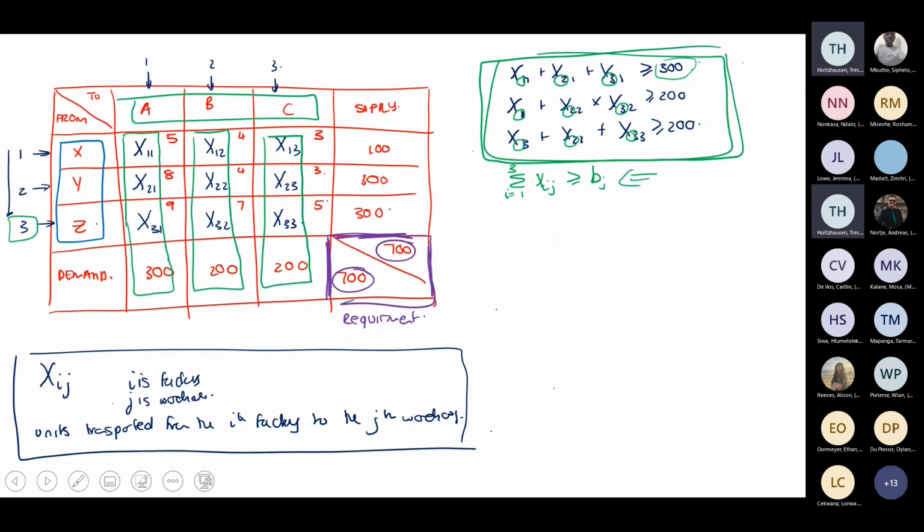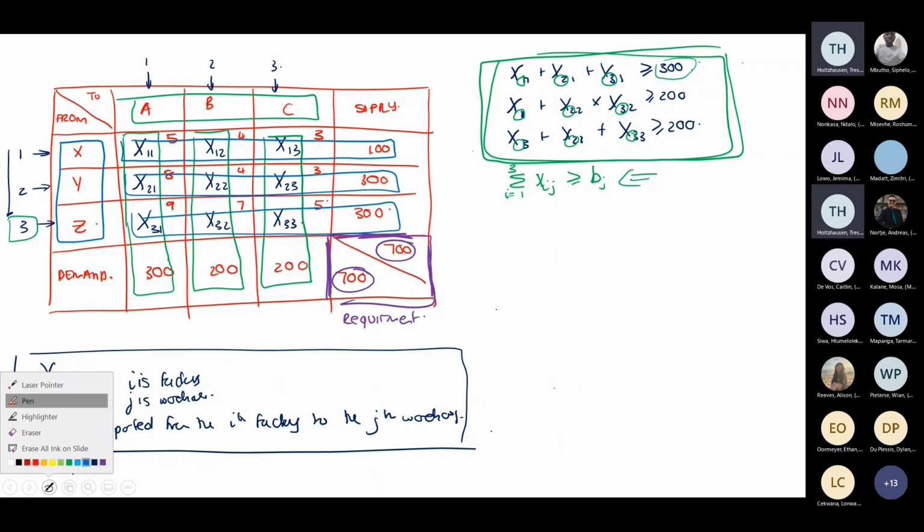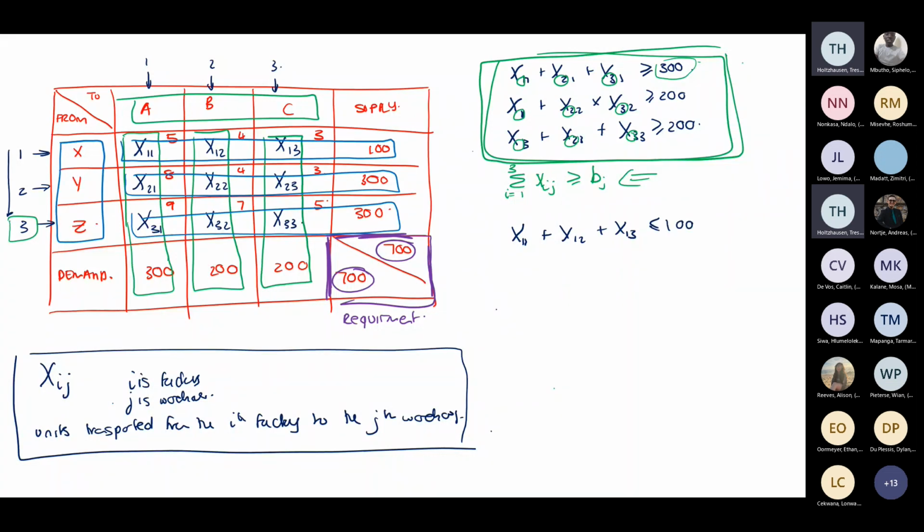But that's not the only constraints we have, because we have the constraints on how much the warehouses can actually produce. So let's write down those constraints as well. We have x11 plus x12 plus x13, and they can only make 100. That's the maximum they can produce, so we have that less than or equal to 100.